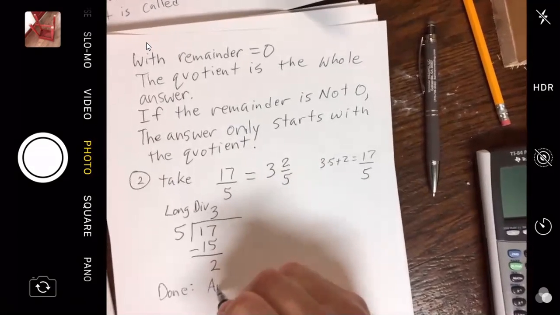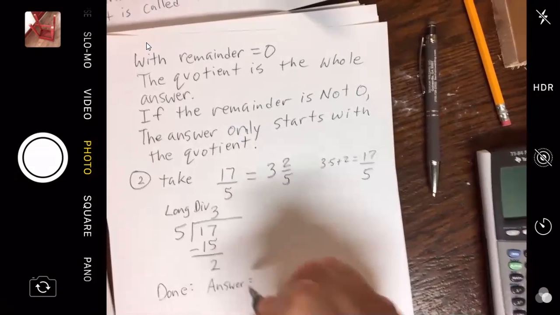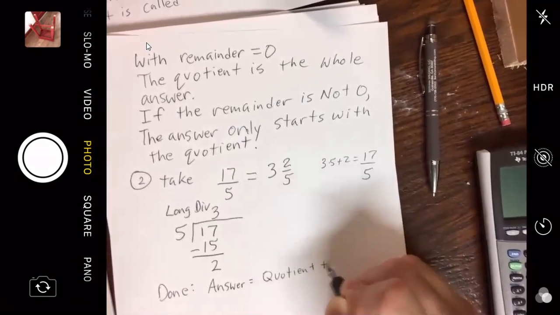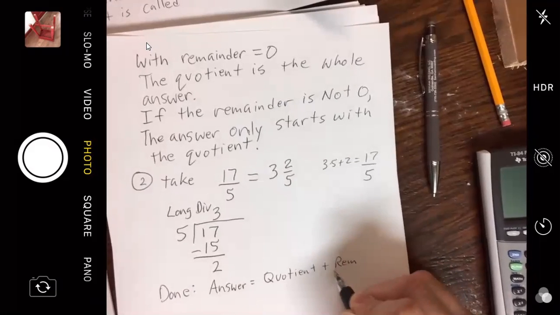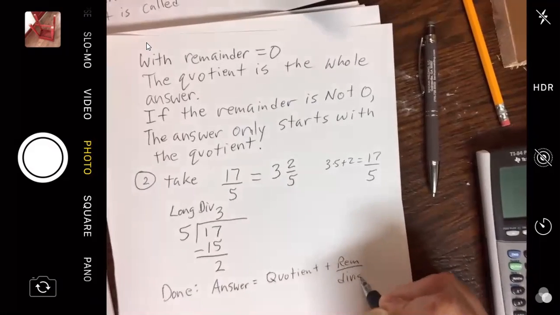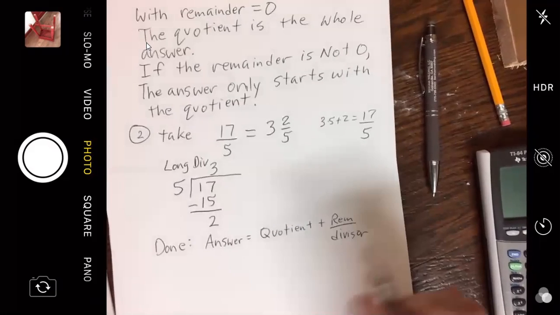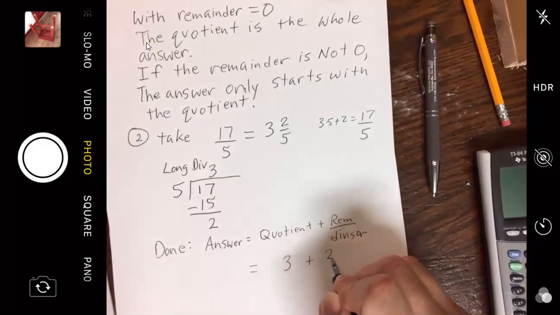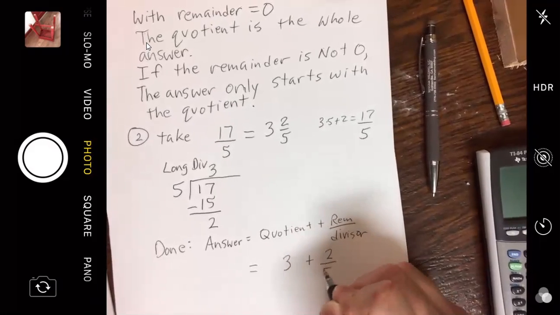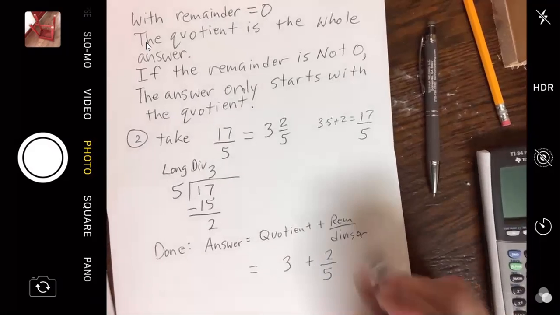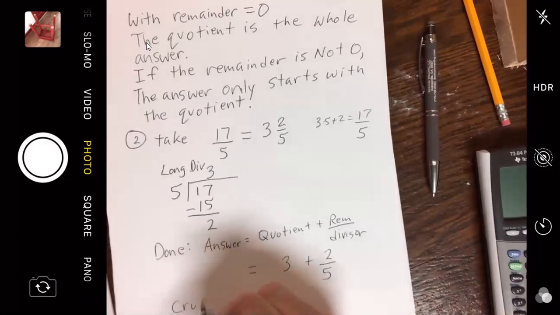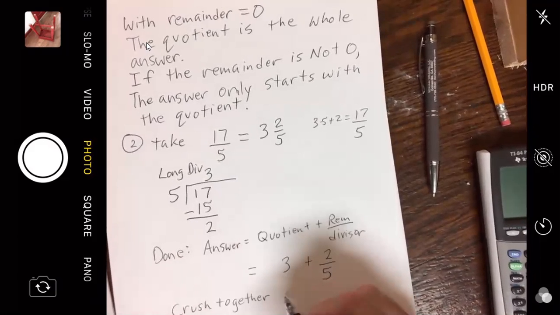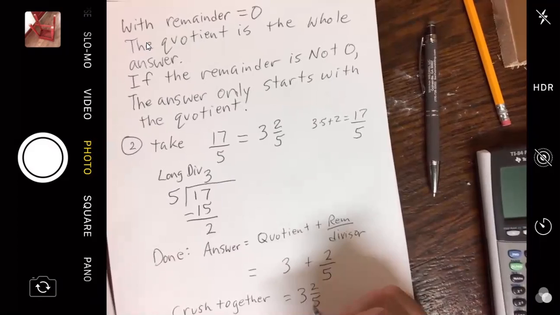The answer is quotient, add remainder, divided by divisor. Take a look. So your quotient is 3. The remainder is 2, divided by the divisor of 5. Crush together. And you get your 3 2/5.